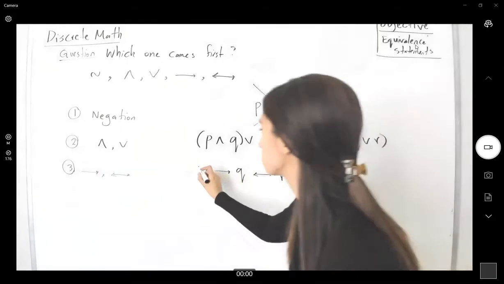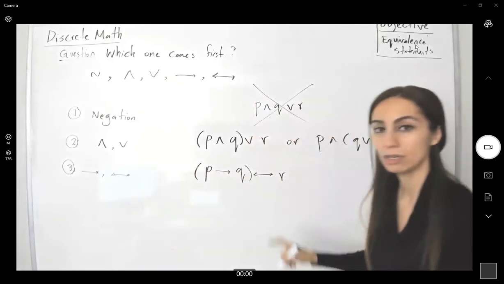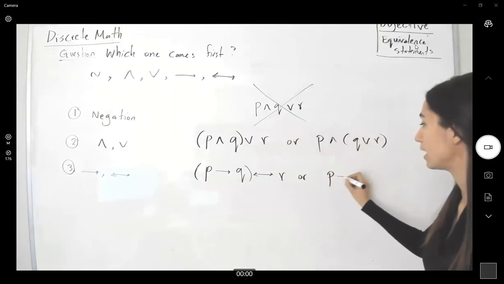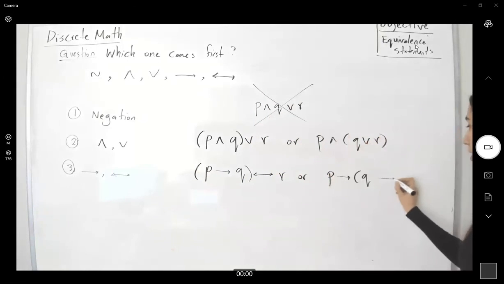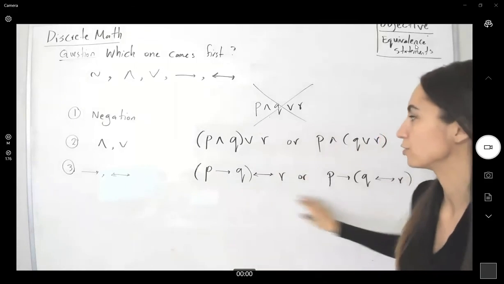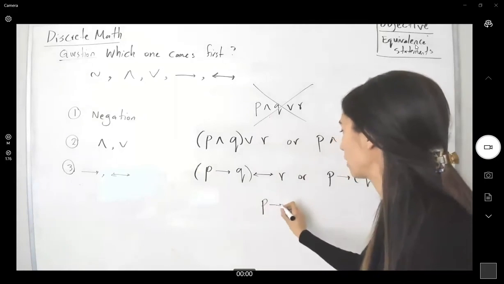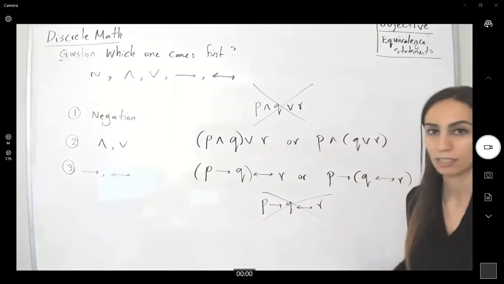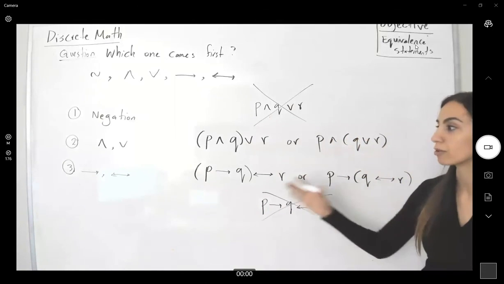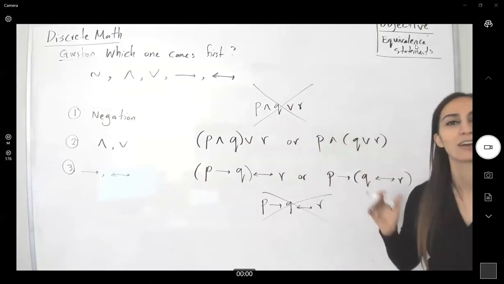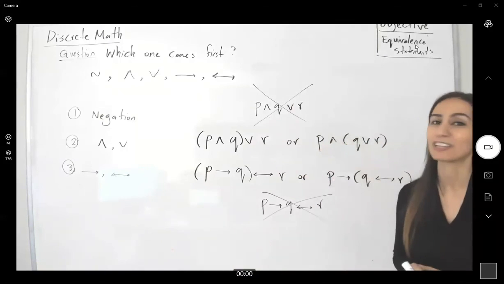You either have P, then Q, if and only if R, or you have P, then Q, if and only if R. They are not equivalent to each other. So make sure when you see these compound statements, you have all the information to make sure you have a correct final value for these compound statements. It is not from left to right.